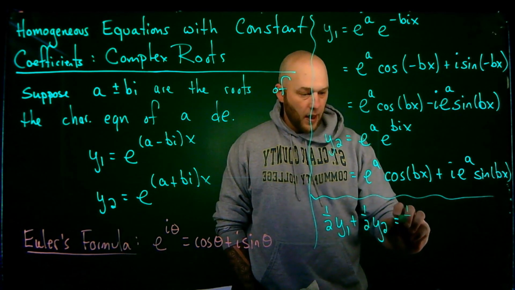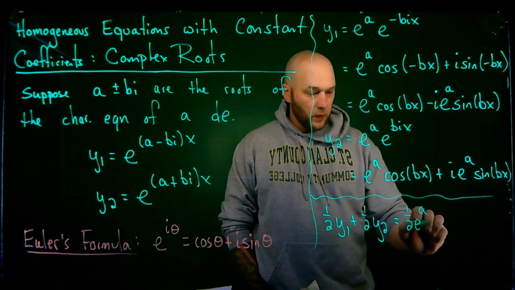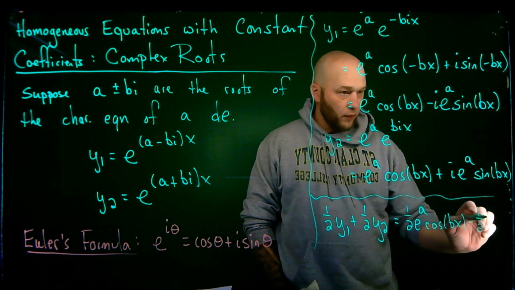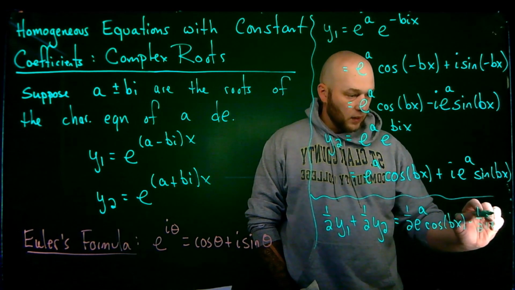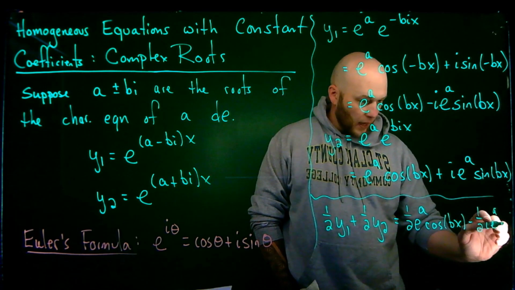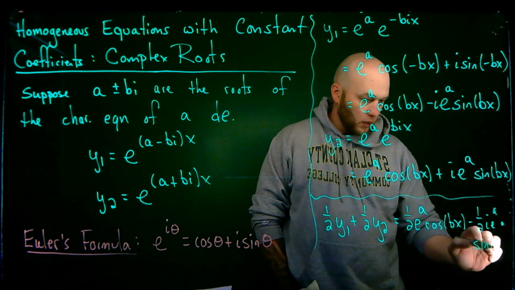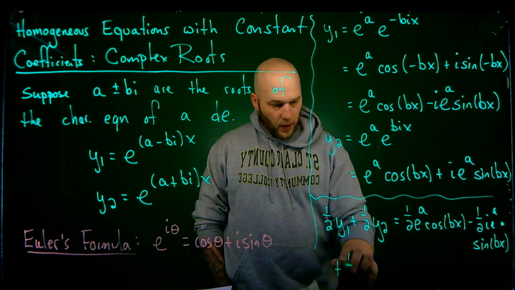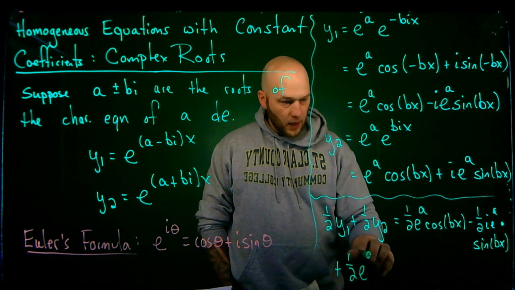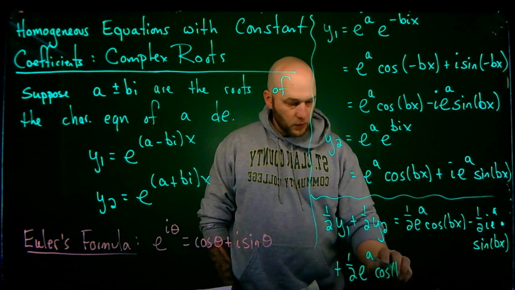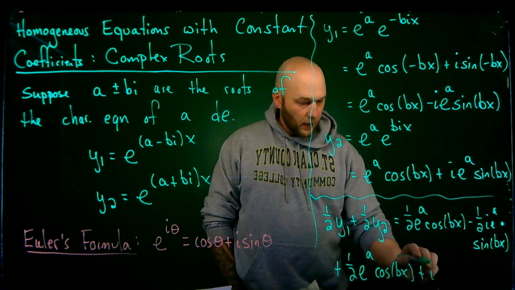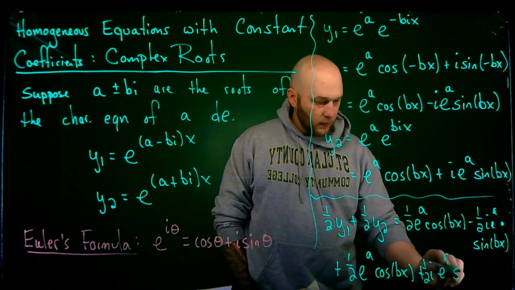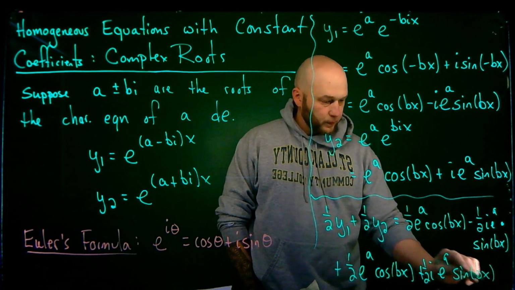I would have 1/2 e to the a cosine of bx minus 1/2 i e to the a, and then times, sort of cheat here, bx, and then that's going to be plus 1/2 e to the a cosine of bx plus 1/2 i e to the a sine of bx.